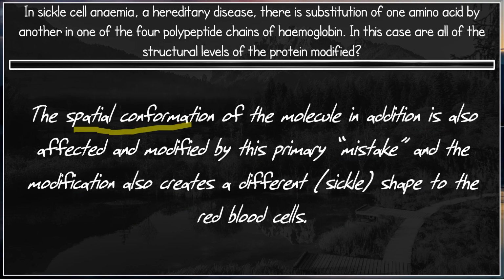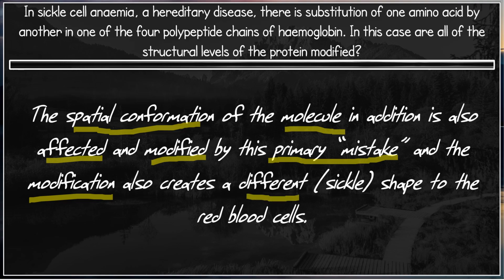The spatial conformation of the molecule, in addition, is also affected and modified by this primary mistake, and this modification also creates a different shape of the red blood cell, which is sickle.